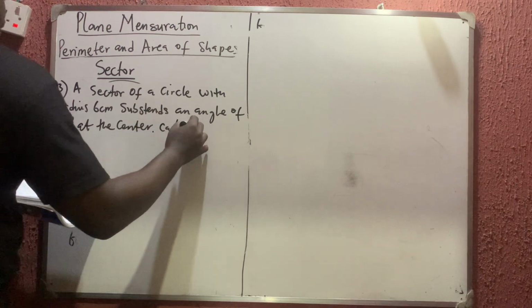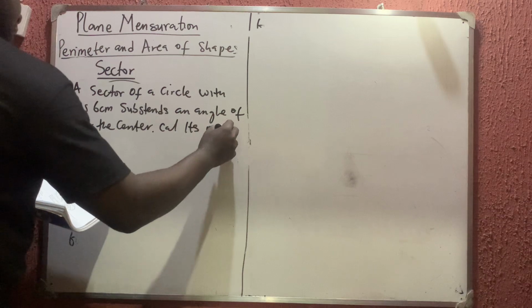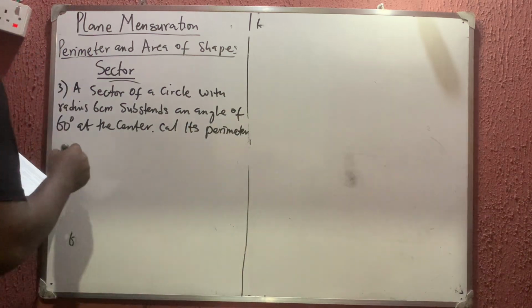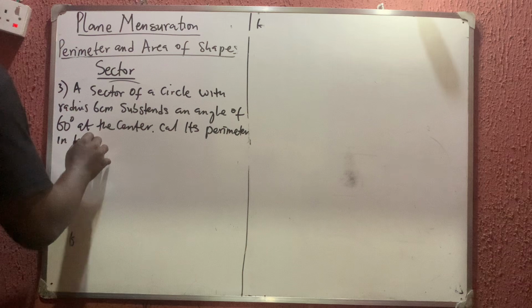Then we should calculate its perimeter in terms of pi.